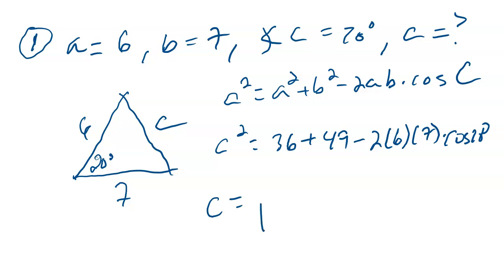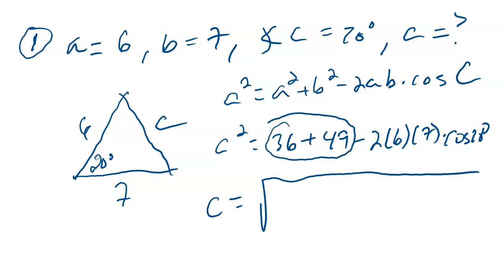So C is equal to the square root of all this. Am I going to simplify this? What does this turn into? 85 maybe?